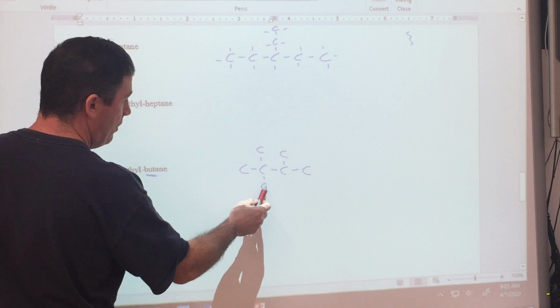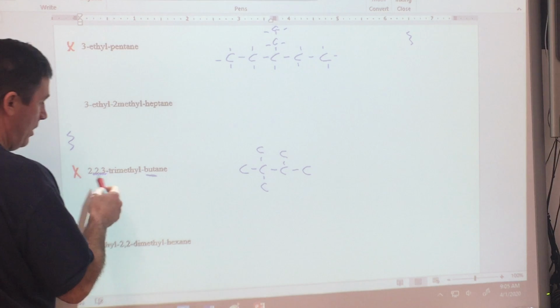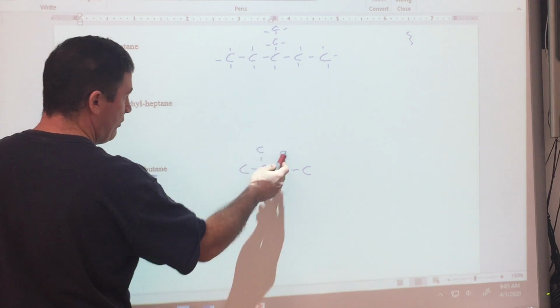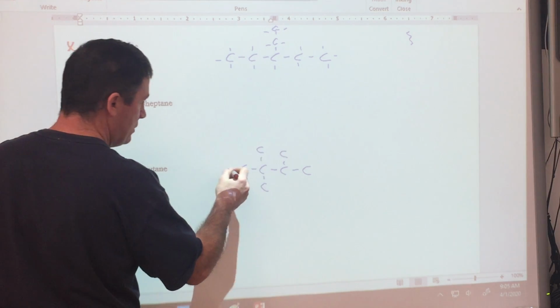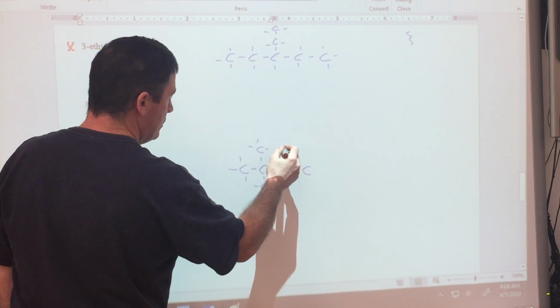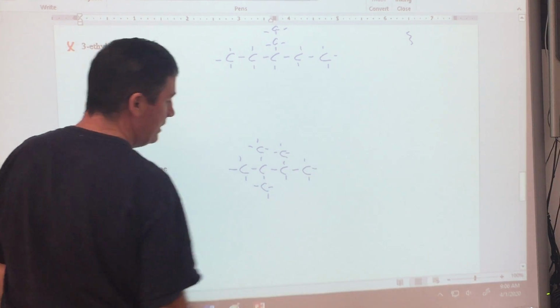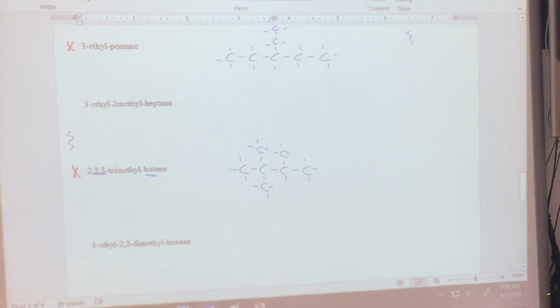My long is still 4. And trimethyl, I've got 3 of these methyl groups. This looks right. Do I have 4 lines indicating that there are 4 bonds around each carbon? And yes, I do. Okay?